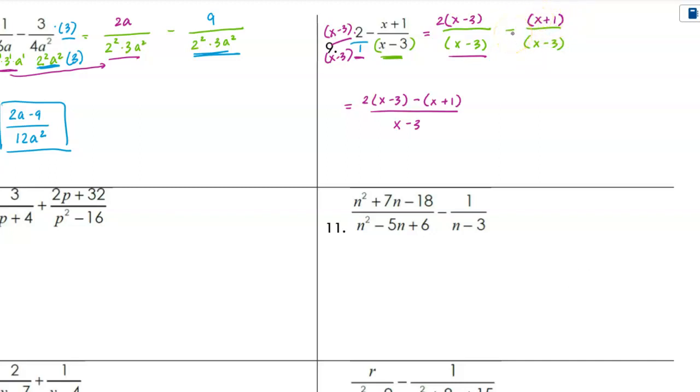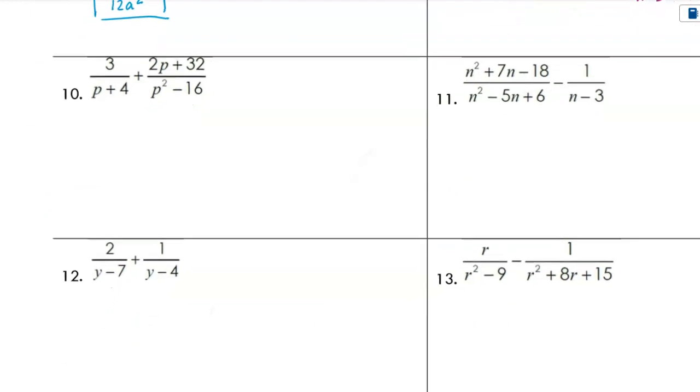And if I do that, it'll remind me that there's a negative 1, and I can distribute that. So let's go ahead and distribute. So I end up with an x minus 7 over x minus 3. And that's my final answer.